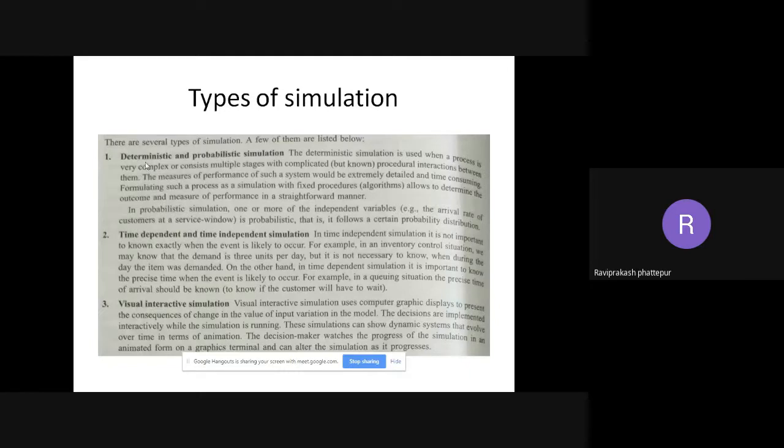Okay, so then next comes the time dependent and time independent simulation. So here time is important. Sometimes, for example, in some of the simulations, timing is very important. And when time is not that important, in the sense it is independent of time, for example, you need some parts. You know that you need 3 parts per day. Okay, but you don't know when exactly you require those 3 parts. You know you are using 3 parts, that means you are making 3 models.